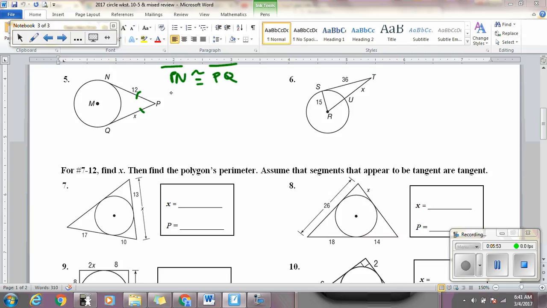So that means their measures are equal. So if PN is 12 and PQ is X, that means X equals 12. Not so bad.